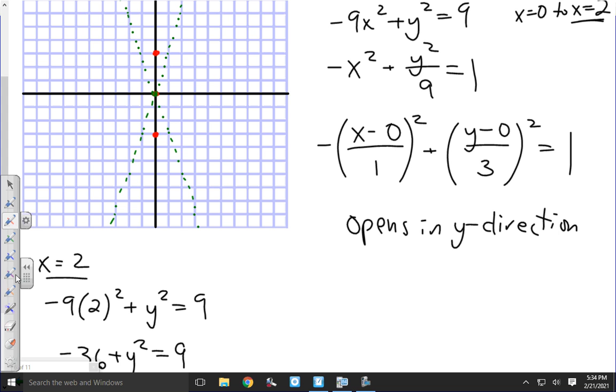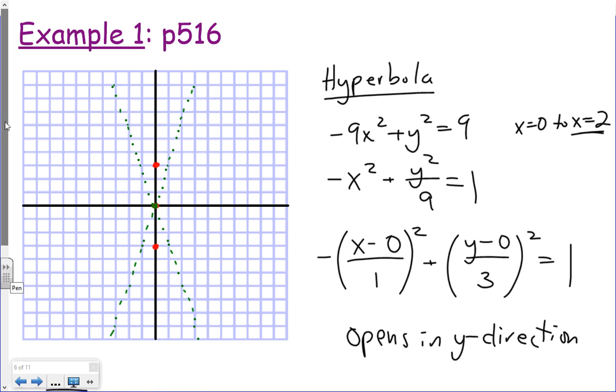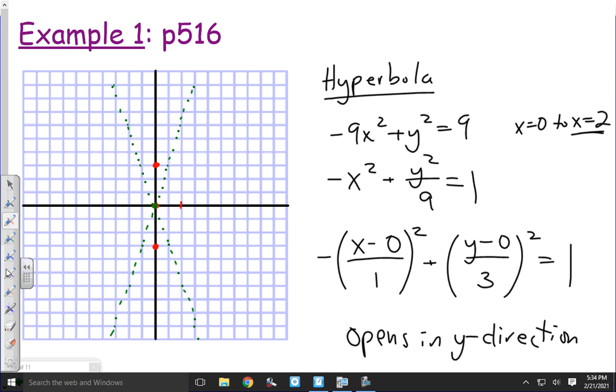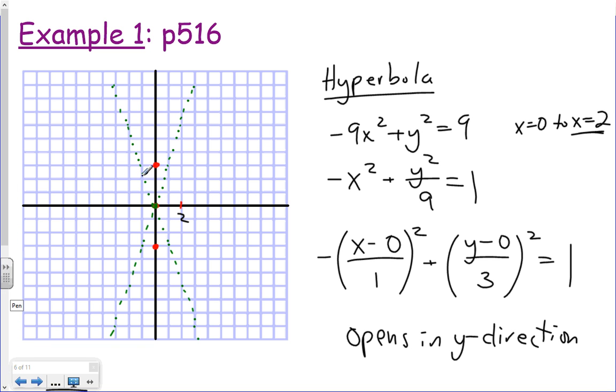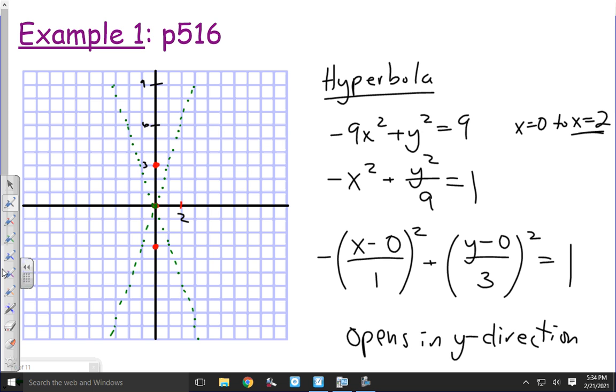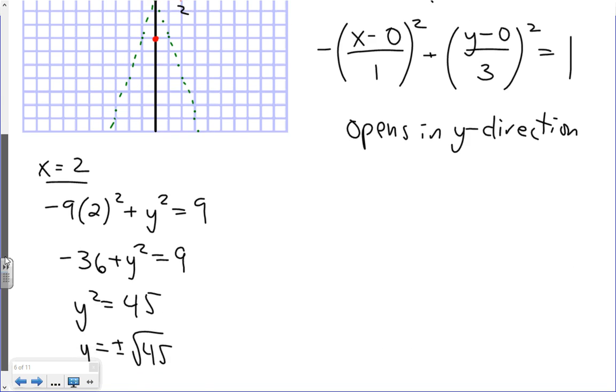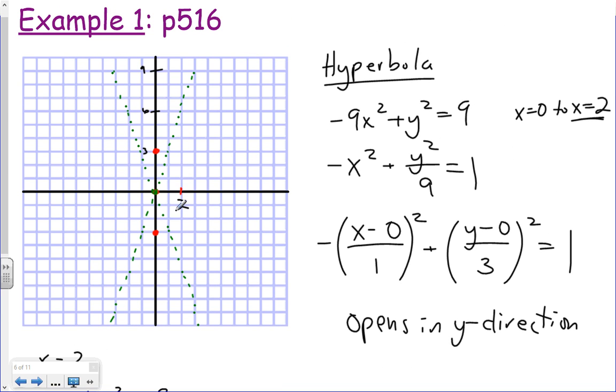So at x equals 2, here's x equals 2, I should be up here at 7. I should get a few numbers on these. So this is at 3, this is at 6, this would be up here at 9. So at x equals 2, square root of 45, about 7, somewhere about right here is where I'm supposed to be heading.